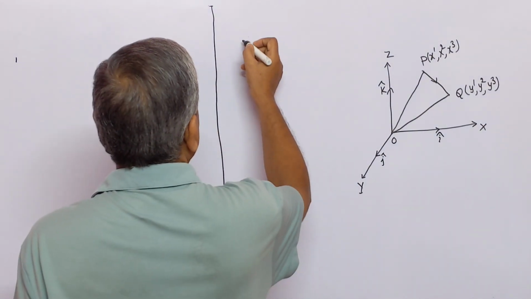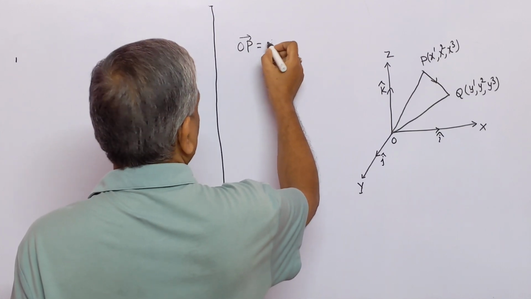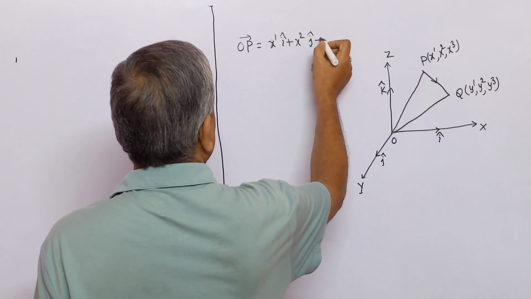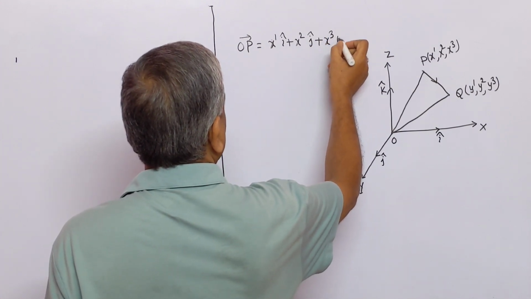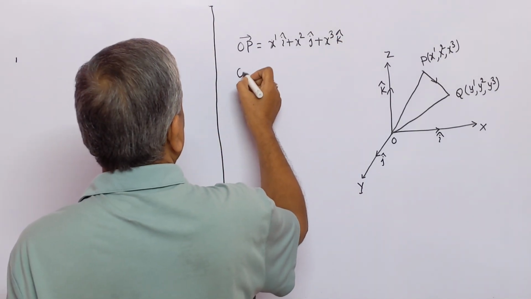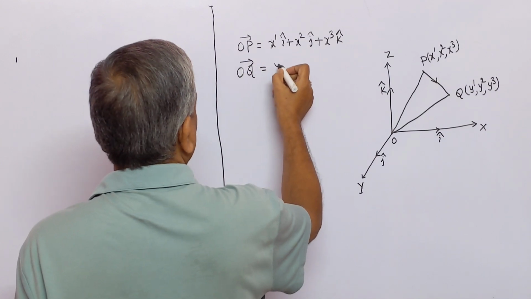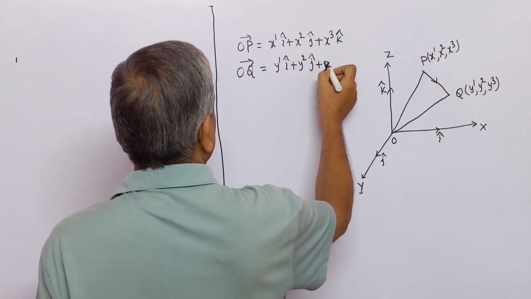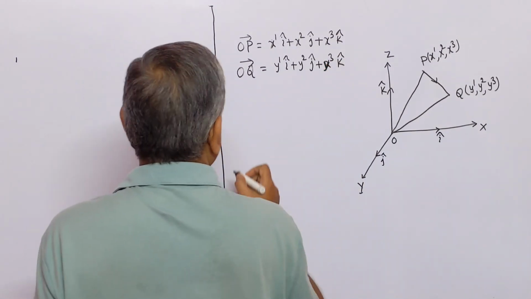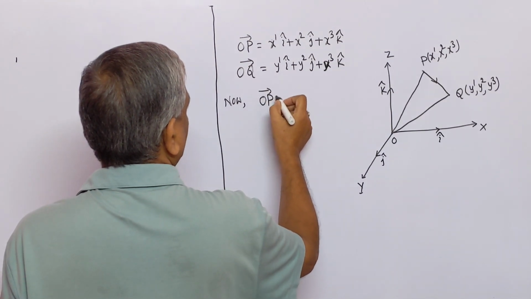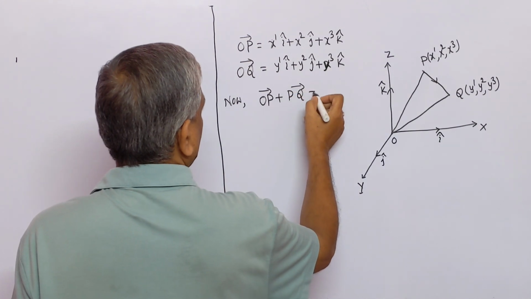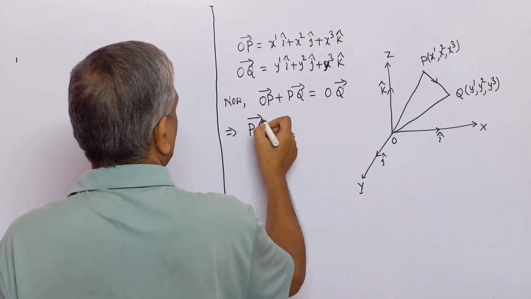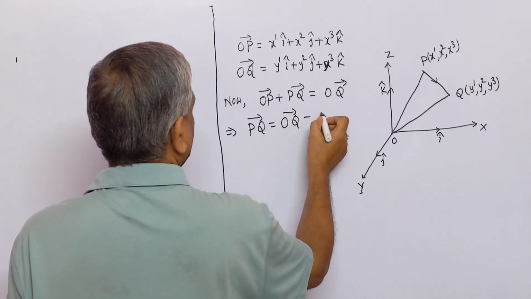Then vector OP equals x1 unit vector i plus x2 unit vector j plus x3 unit vector k, and vector OQ equals y1 unit vector i plus y2 unit vector j plus y3 unit vector k. Now vector OP plus vector PQ equals vector OQ, which implies that vector PQ equals vector OQ minus vector OP.